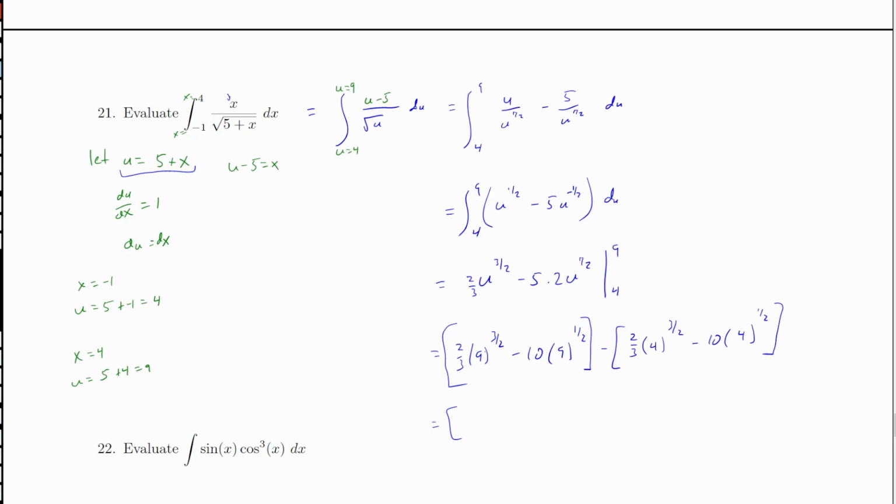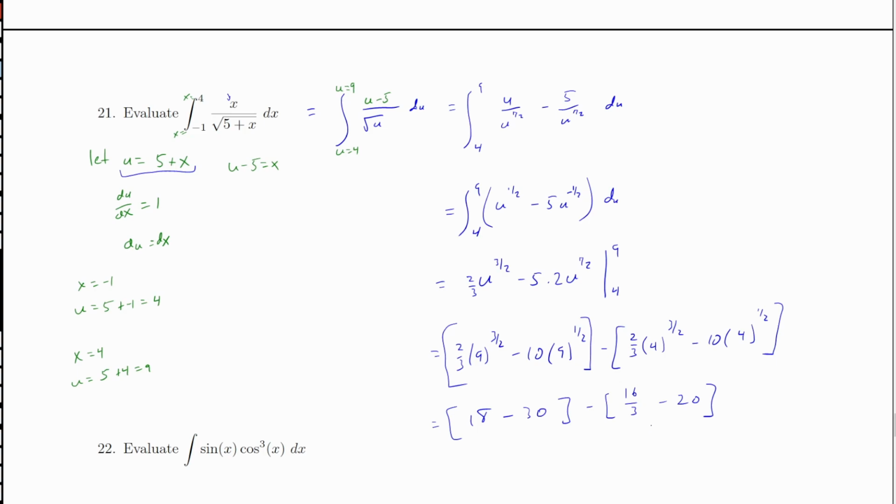Square root of 9 is 3, cubed is 27, divided by 3 is 9, times 2 is 18. Square root of 9 is 3, times negative 10 is minus 30. Okay, 4, square root is 2, cubed is 8, times 2 is 16, so we have 16/3. Square root of 4 is 2, times negative 10 is minus 20.